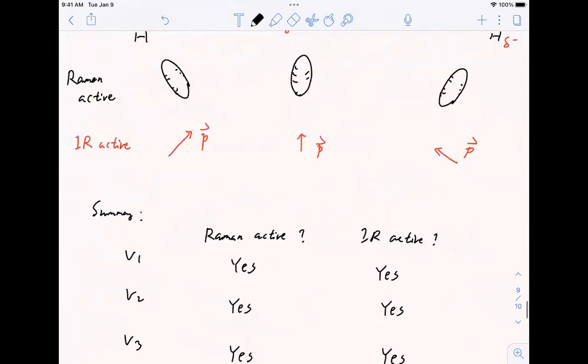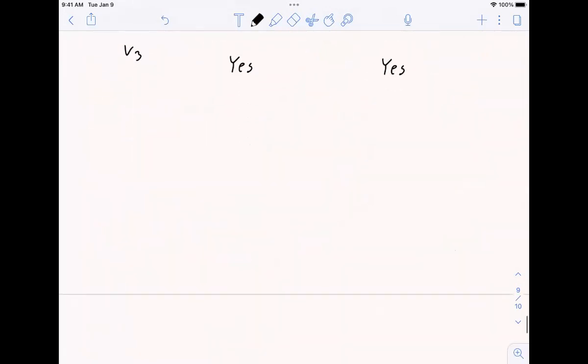Okay, let's consider the emission of light. How can you emit light? If you have a charge there, how do you emit the light? You emit the light by applying acceleration to the charge. Let's say an electron here. How do you make the electron emit light?